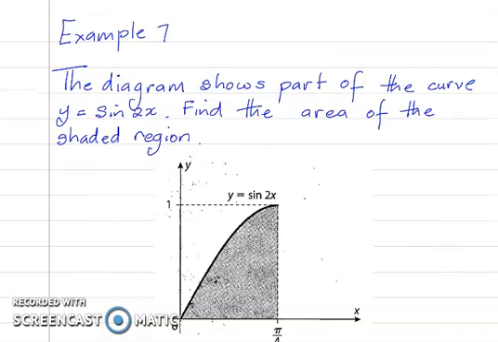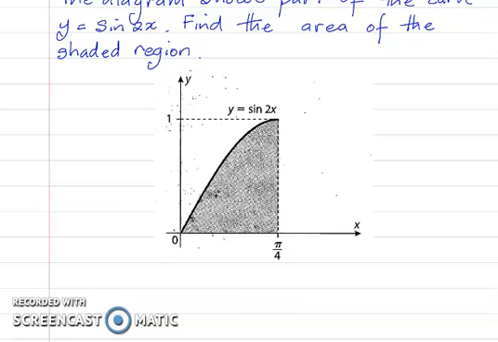All right, example says, the diagram shows part of the curve y is equal to sine 2x. We're to find the area of the shaded region. So the shaded region is the area that is bounded by the curve, the line x is equal to 0, and the line x is equal to pi by 4, and the x-axis.